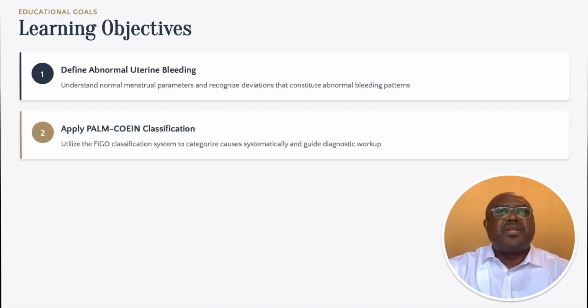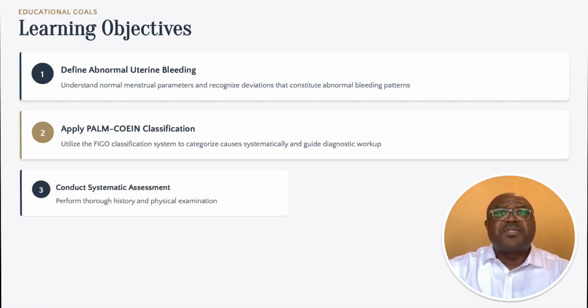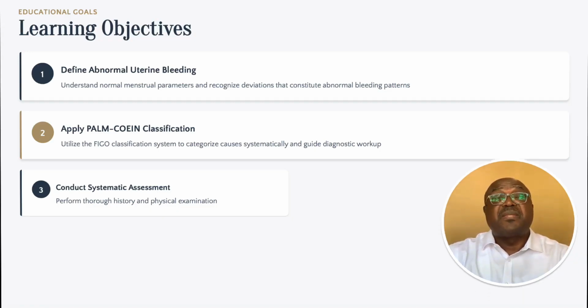Second, you will learn to apply the PALM-COEIN classification systematically. This framework will guide your diagnostic workup and ensure comprehensive evaluation.